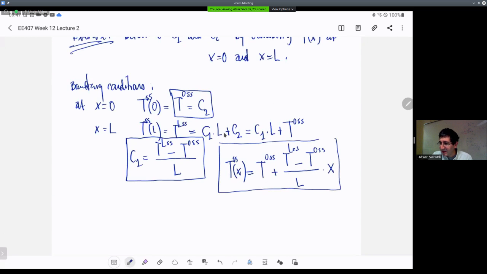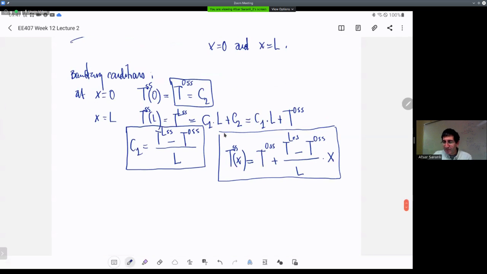So the steady state solution is still a function, and it's a function of x, obviously. The time variable no longer exists. So depending on what the boundary conditions are, you basically have a linear function of x. So let's say this is x is equal to 0, and this is x is equal to L. We have a boundary condition over here, which is T0SS.